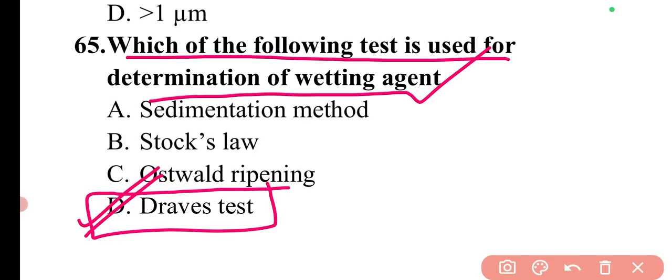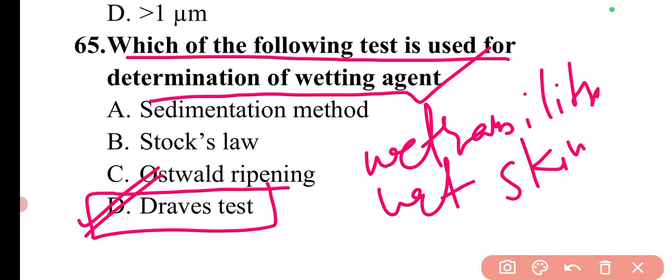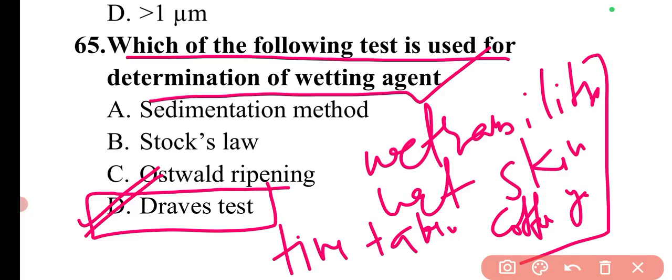This test determines the wettability by calculating the time taken for a skein of cotton yarn to sink in the wetting solution. So this is the test which is used for the determination of wetting agent.